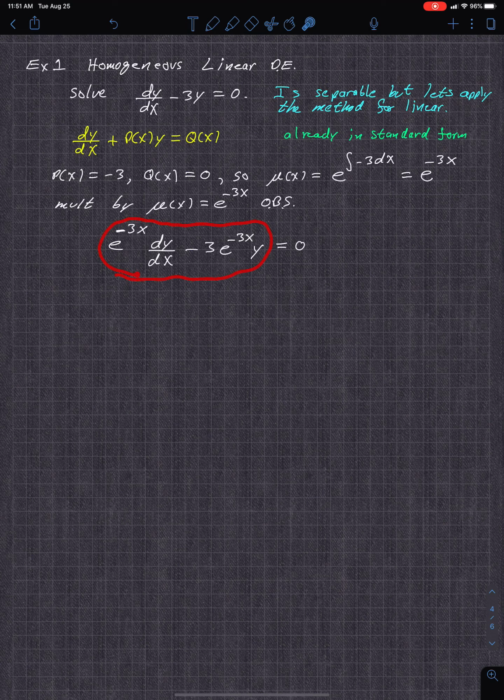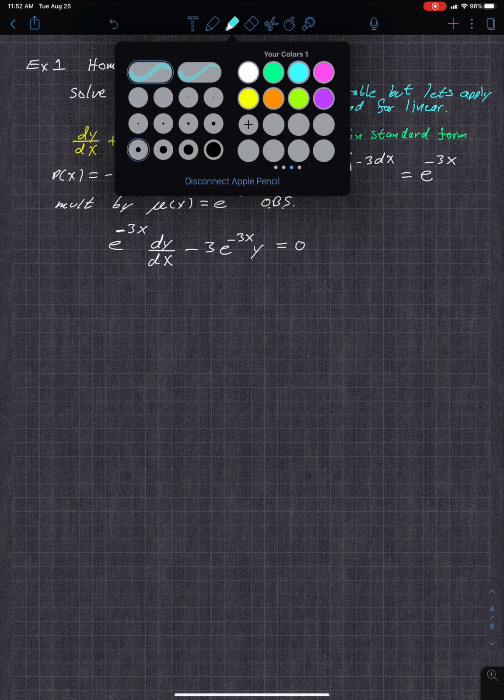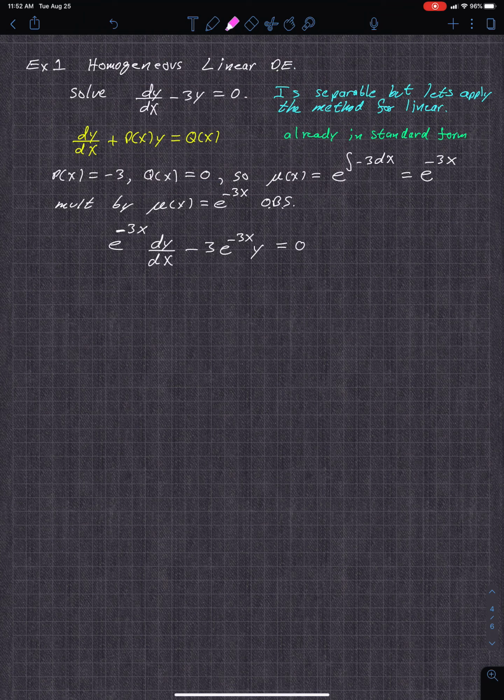So that is your e to the -3x dy, this whole thing here. That's where the formatting comes in. I was going to highlight this. You multiplied by mu on both sides. So here's your mu, and then you did it over here, but it's 0 anyway.